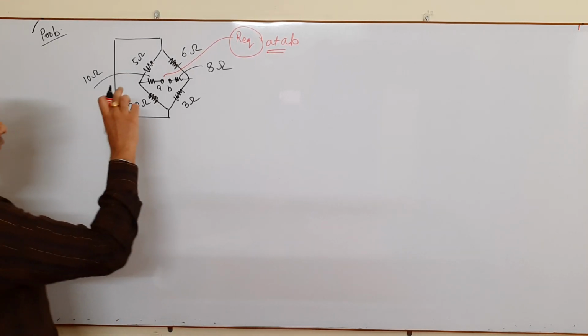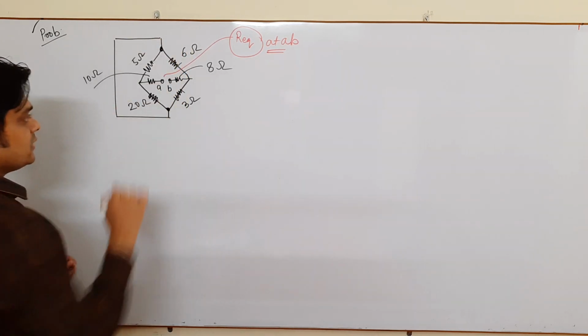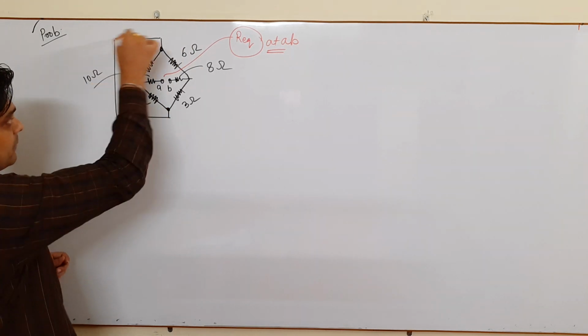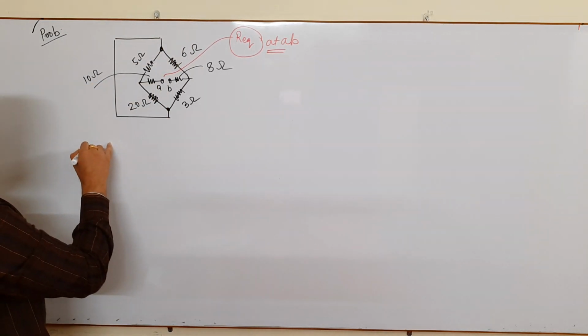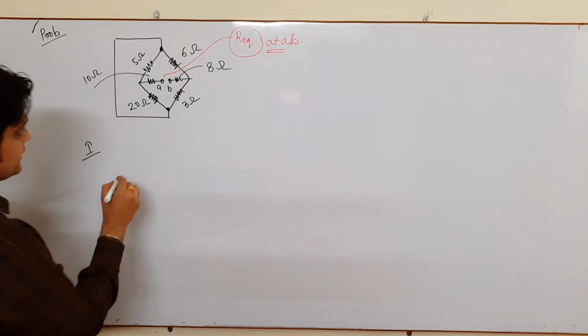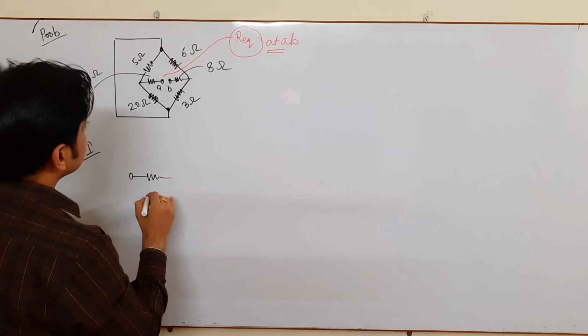So we will find the equivalent at AB. Just try to understand, these are two nodes and these nodes are of common potential, because they are simply connected by a branch. So I redraw this network. Should I draw it in this manner?